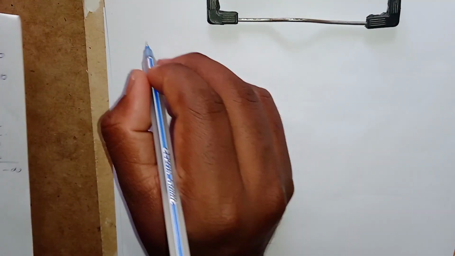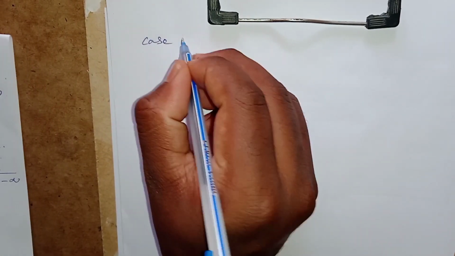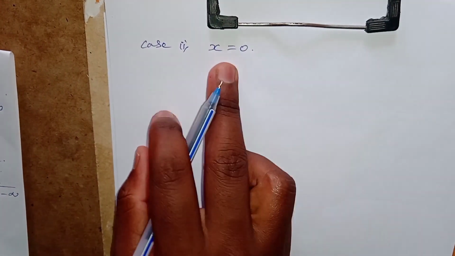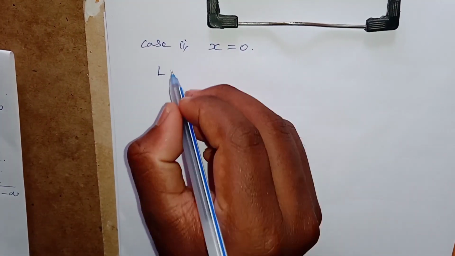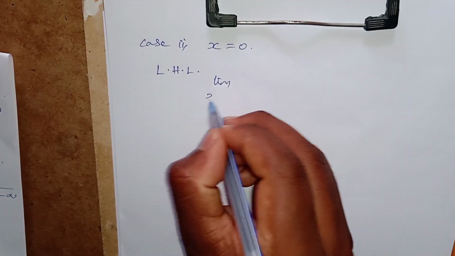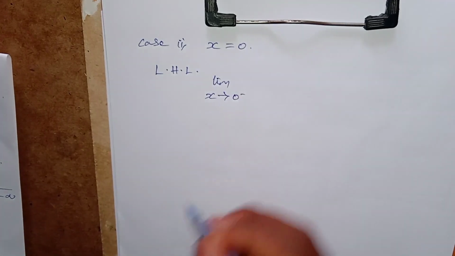Next, case 2, x is equal to 0. Here at the point you have to take the left hand limit, x tends to 0 minus.